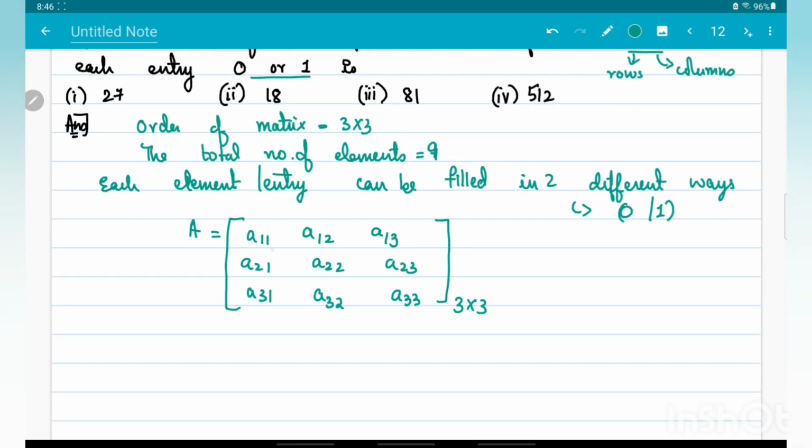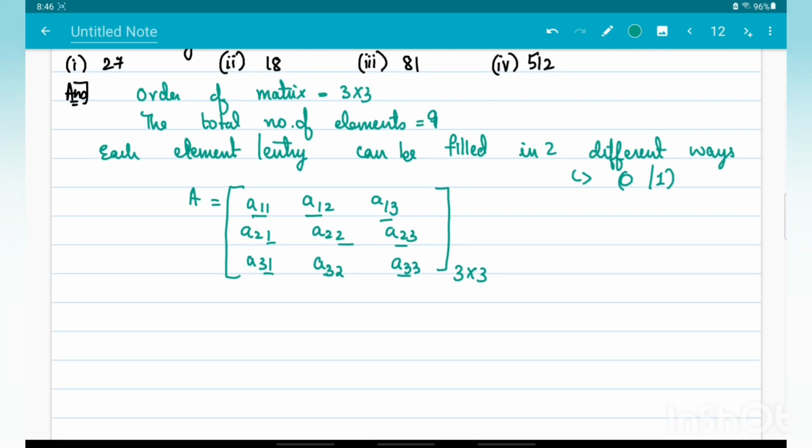If you can see here, we have 9 entries to be filled, and the possible ways that you can fill them is only 2. Either you fill them with 0 or you write 1 over there. So you have only 2 ways, and you have 9 elements.